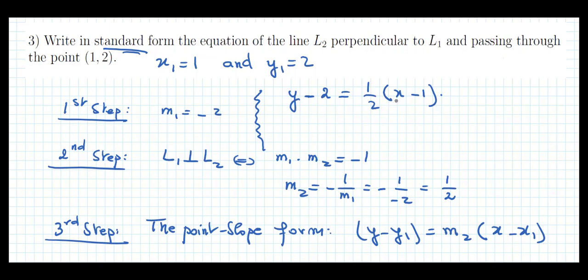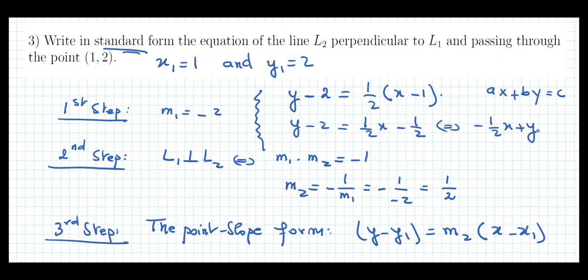So we should manipulate this equation a little bit so that we write it at the end in the form of ax plus by equals c. So let's start by developing the 1/2, and we get y minus 2 equals 1/2 x minus 1/2. We get minus 1/2 x plus y equals, with minus 2 going to the right side, 2 minus 1/2.